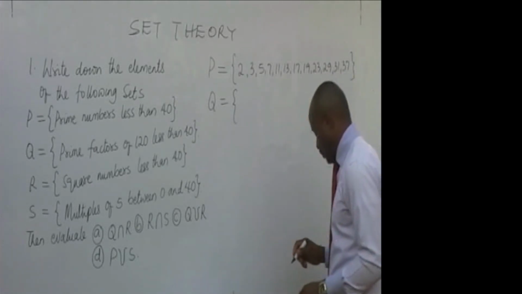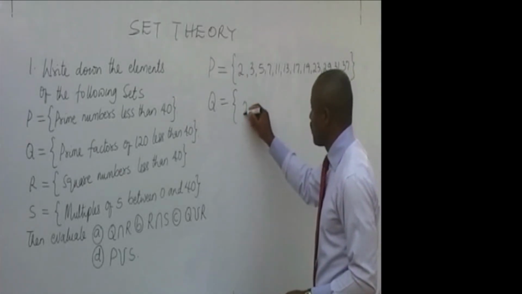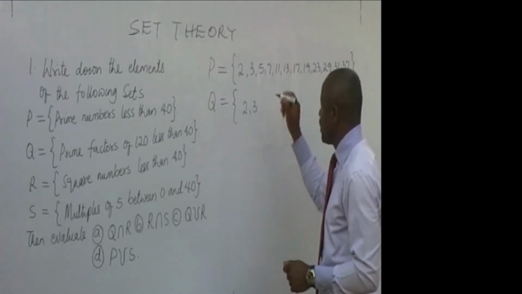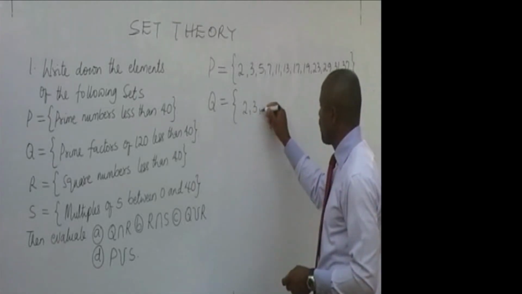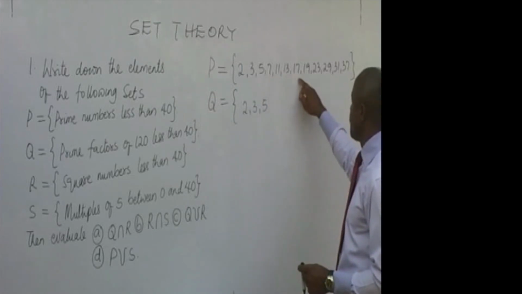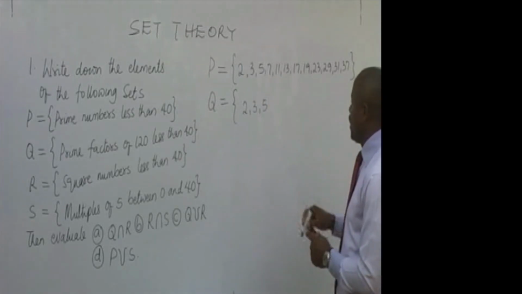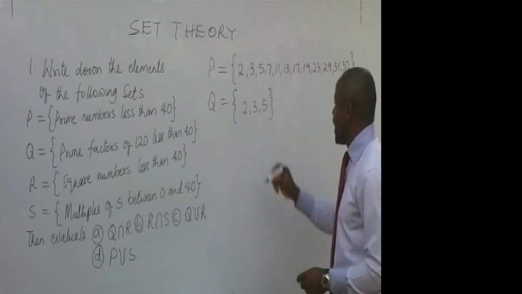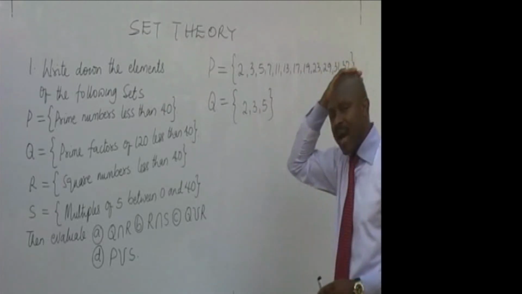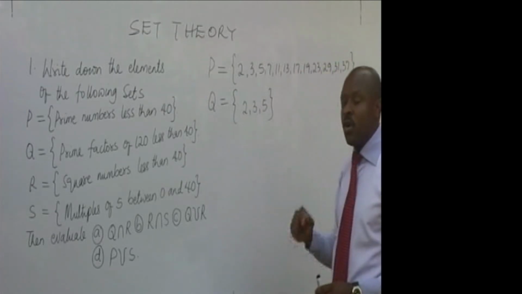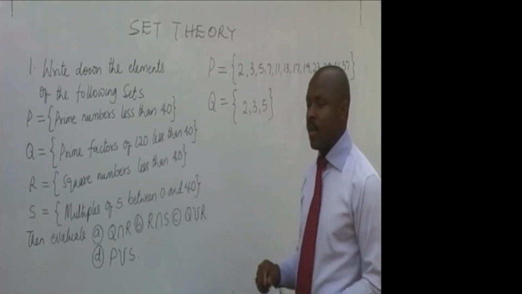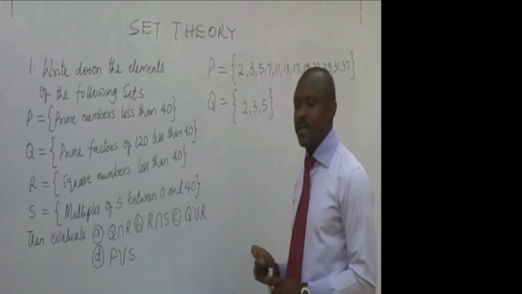Think about them. 2 is one of it. 3 can divide 120 without a remainder. 5 can divide 120 without a remainder. 7, 11. This set has only 3 members. It is only 2, 3, and 5 that are prime numbers and also factors of 120 that are less than 40.